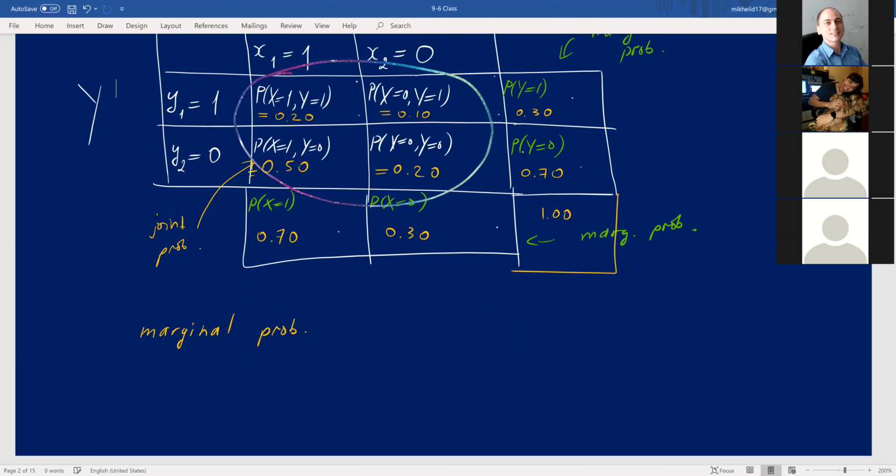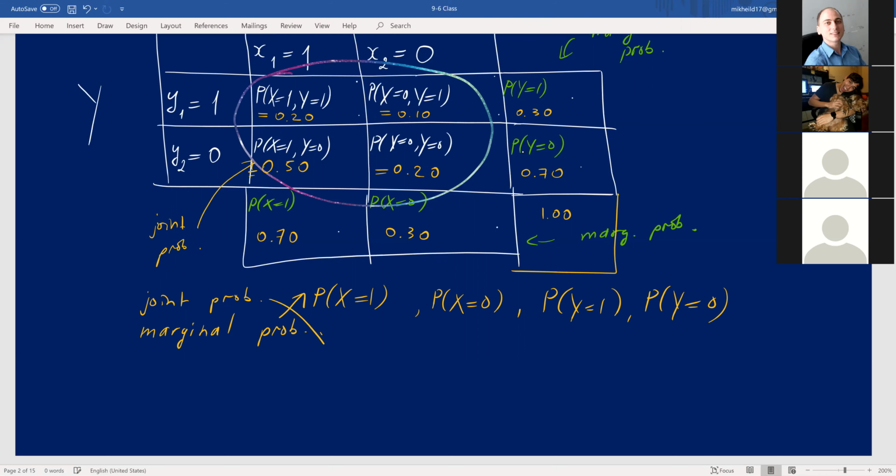We discussed, before that, joint probabilities. For example, what is the probability that x equals 1, or the probability that x equals 0, or the probability that y equals 1, or that y equals 0. These are all marginal.